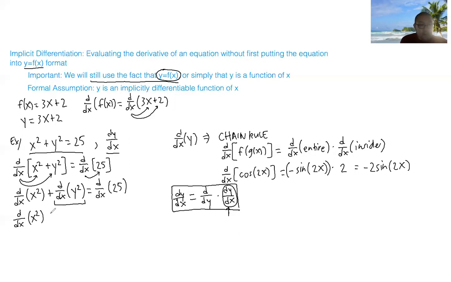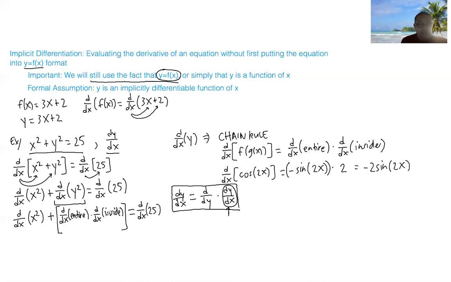So this is going to be plus the derivative of the entire thing. Here we go. Derivative of the entire thing, just so we can really get the chain rule across, multiplied by the derivative of what's on the inside, right? Conceptually, that's how we talked about the chain rule. And we're going to set all this equal to the right-hand side, okay? Just to keep it organized.